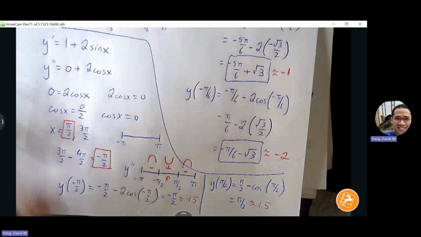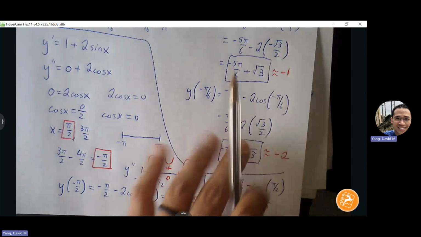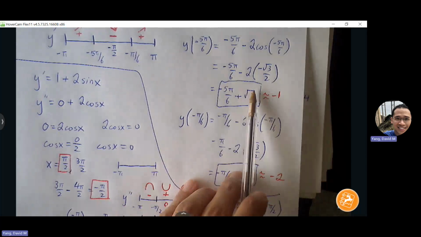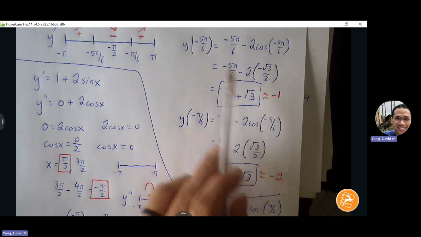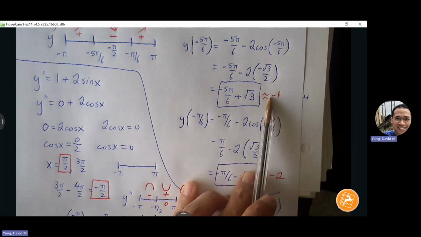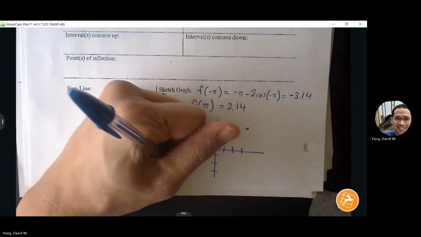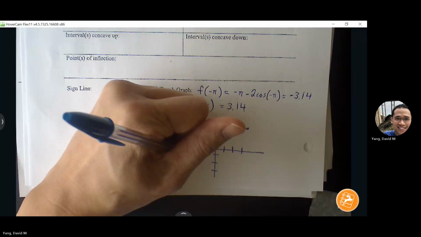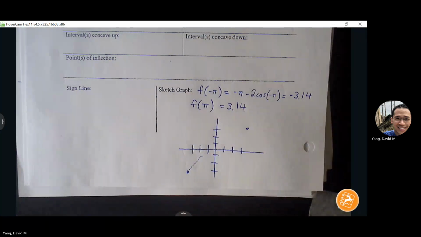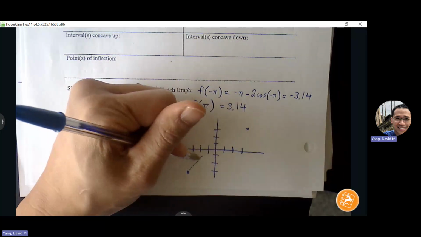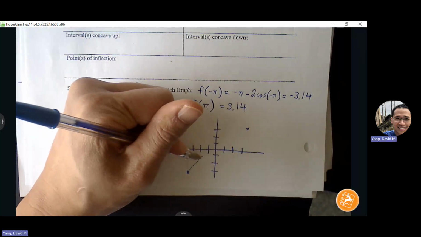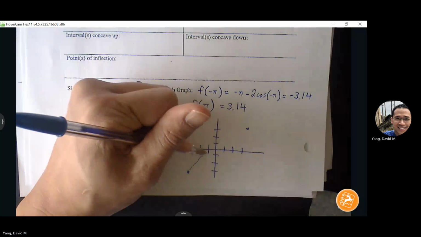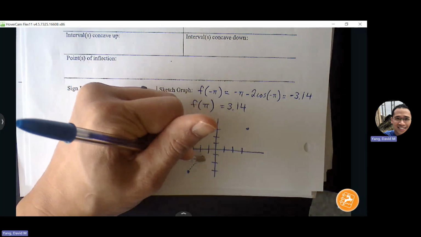We know the graph is going to rise to a relative max at negative 5 pi over 6. And then we know that it's going to hit a y value of -1. And it's going to decrease until it hits a relative minimum at negative pi over 6, -2.